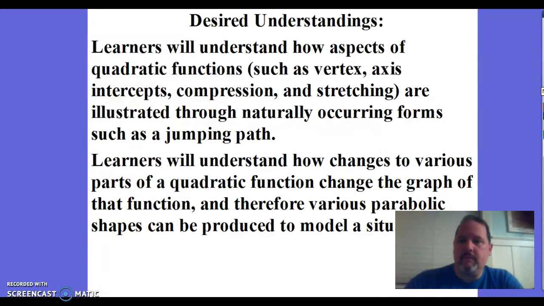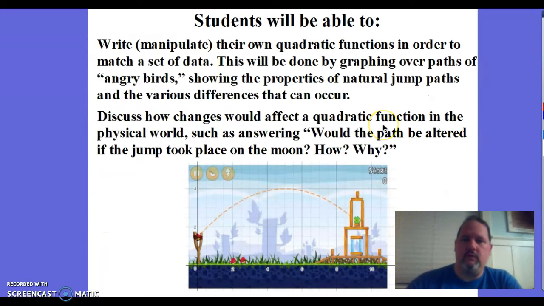And finally, if we're beginning with the end in mind, we want an idea of what artifact would be legitimate to show understanding. These would, I think, be up there. They may not be perfect, but I think they're on the right path. Write your own quadratic function to match a set of data.